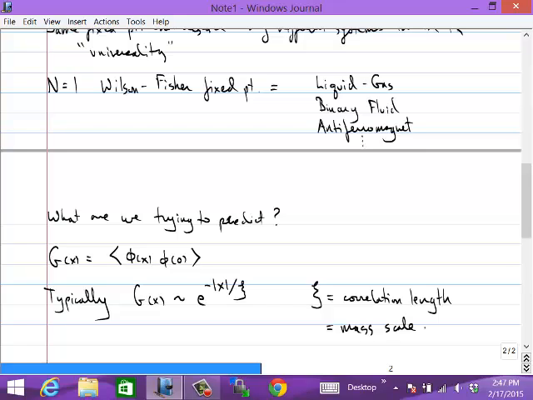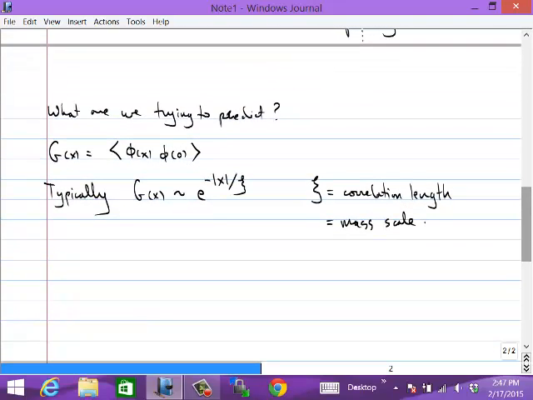So what I would like to focus on today is not just, of course, what I've said so far is just true for free field theories describing some massive scalar field.